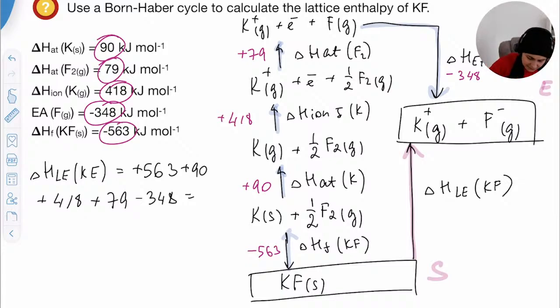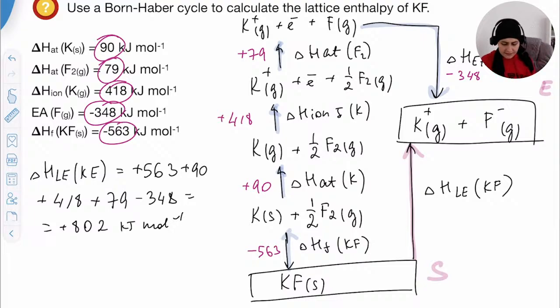That's plus 802 kJ per mole. And of course it has to be positive, so just double check. We're splitting up an ionic lattice, so that's an endothermic process. Okay, that's how you do it with numbers. I hope I haven't messed up any numbers.